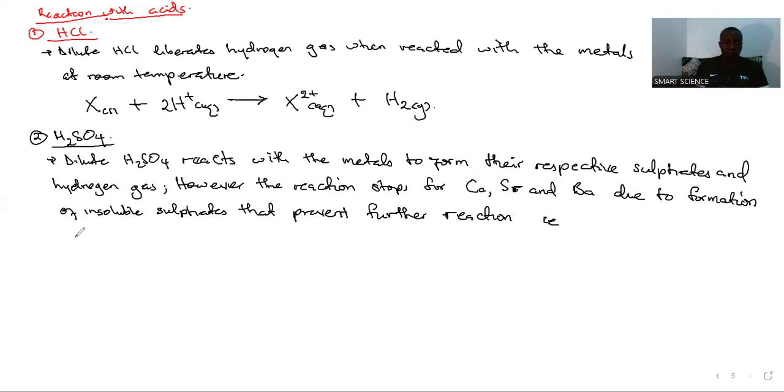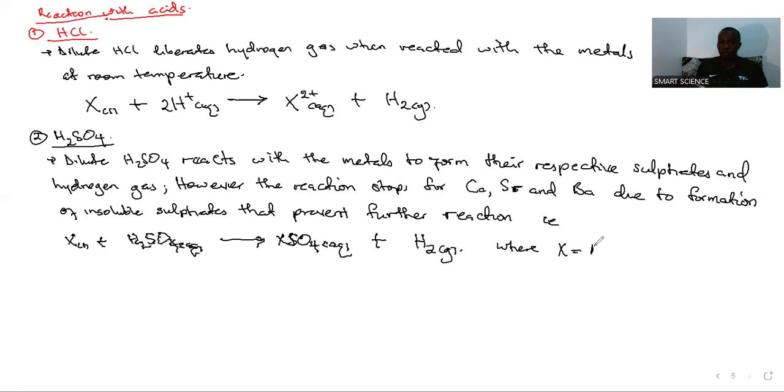i.e., if I have X reacting with sulfuric acid, which is aqueous, I'll form X sulfate, which is aqueous, plus hydrogen, which is a gas. And in this case, where X is equal to beryllium and then magnesium, that's where we shall form a soluble sulfate.